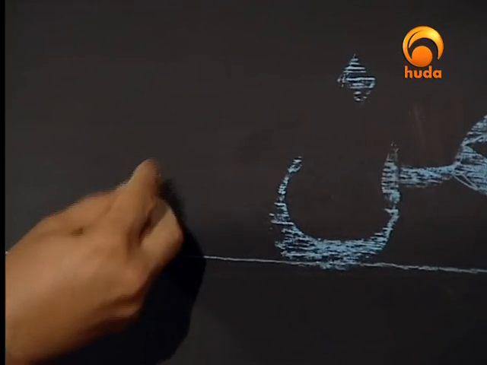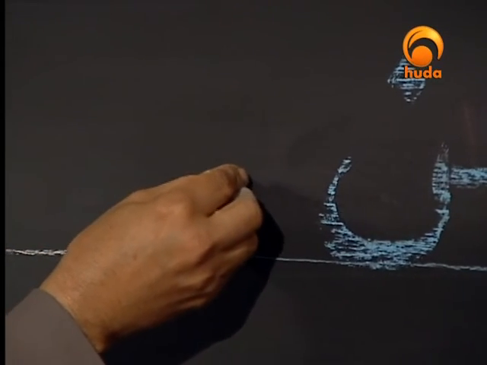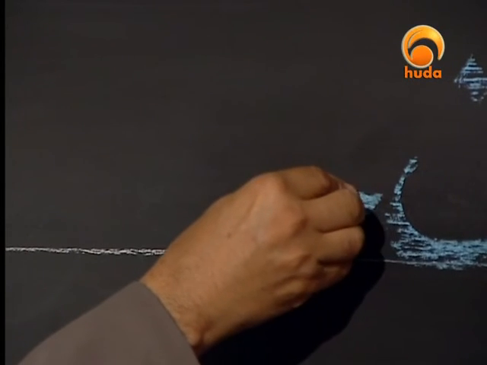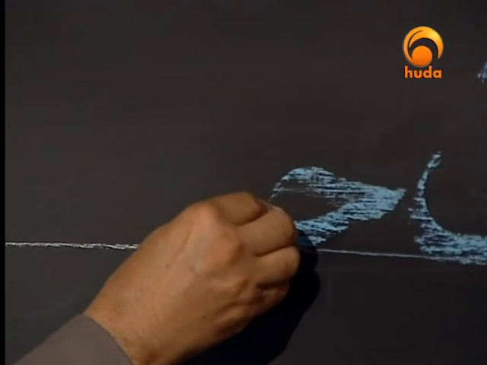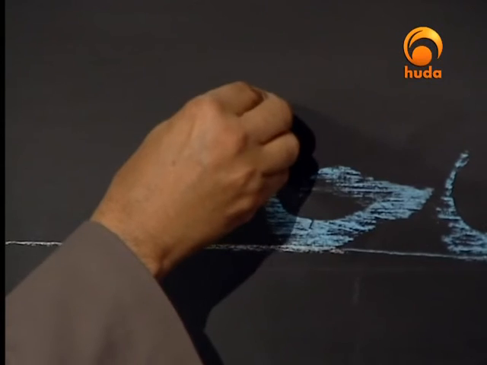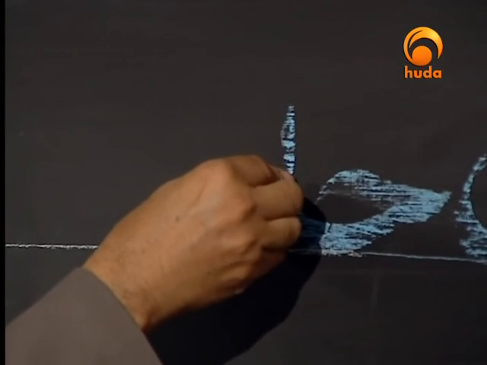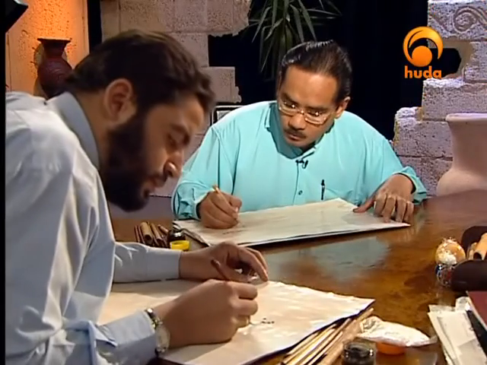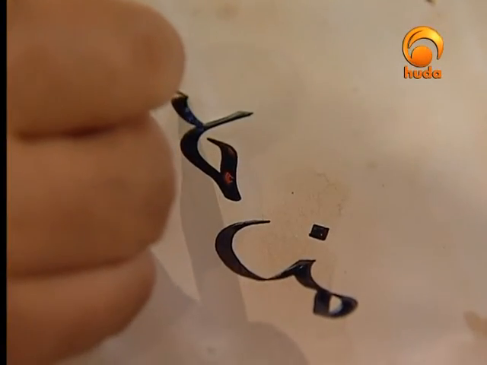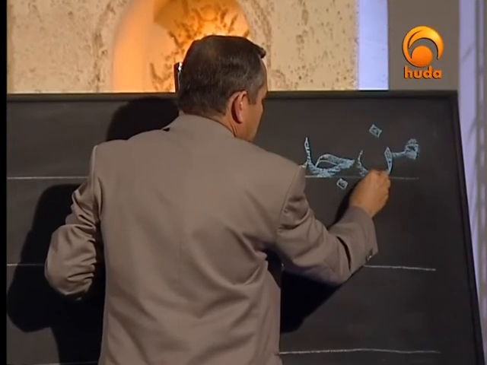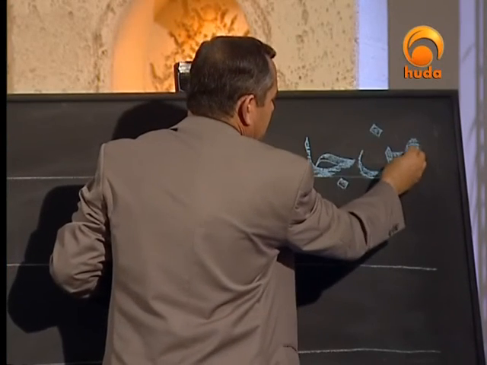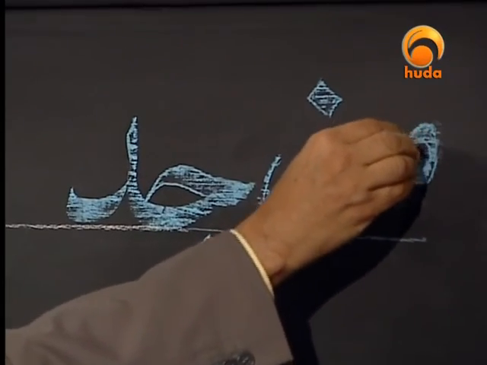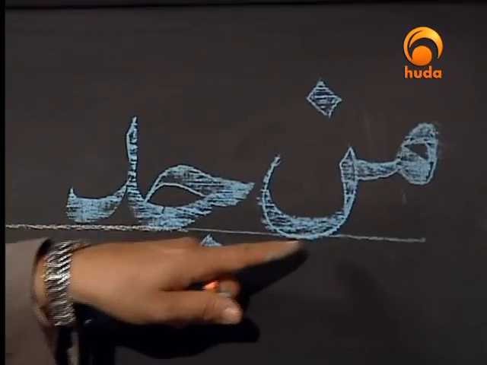Jadda, jim, a little bit curve. Again, the curve from right to left and go up to join the letter. From here, just a small curve on the line. So noon on the line, meme upon the line to give the chance for noon to be on the line.